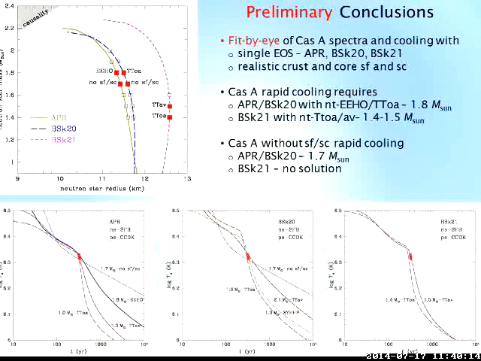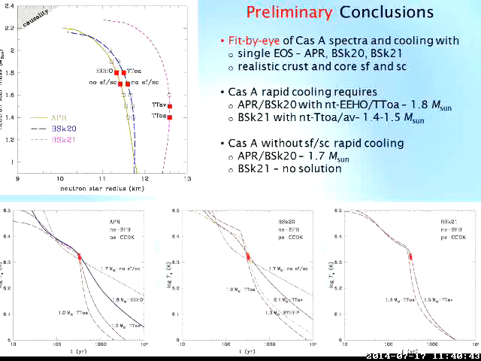I'll just note that, obviously, some of you know there's a controversy, a debate, as to whether Cas A is undergoing rapid cooling. Rapid means about a 3% temperature change over about 10 years. If it's less than that, whether it's 0 or 3%, that still tells you something.